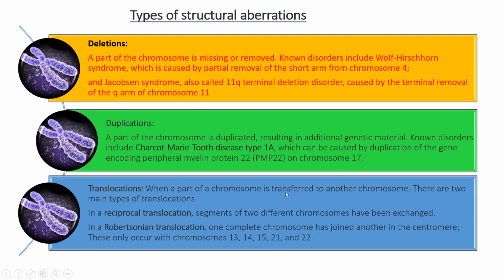When a part of a chromosome is transferred to another chromosome, there are two main types of translocation. One is the reciprocal translocation, where segments of two different chromosomes have been exchanged, and another is the Robertsonian translocation, where one complete chromosome has joined another at the centromere. These only occur with chromosomes 13, 14, 15, 21 and 22.